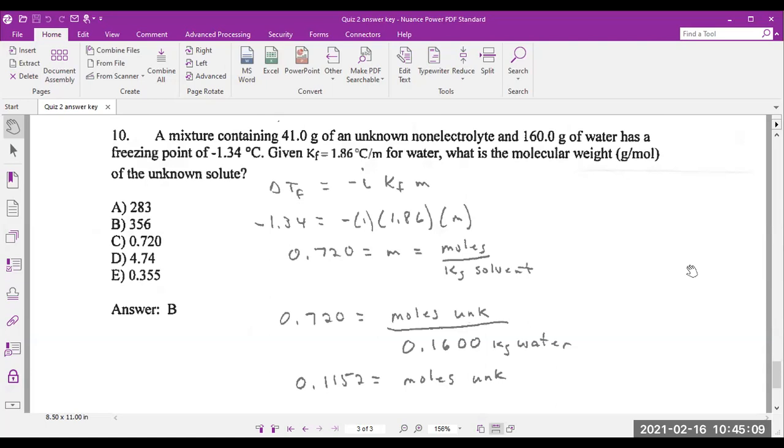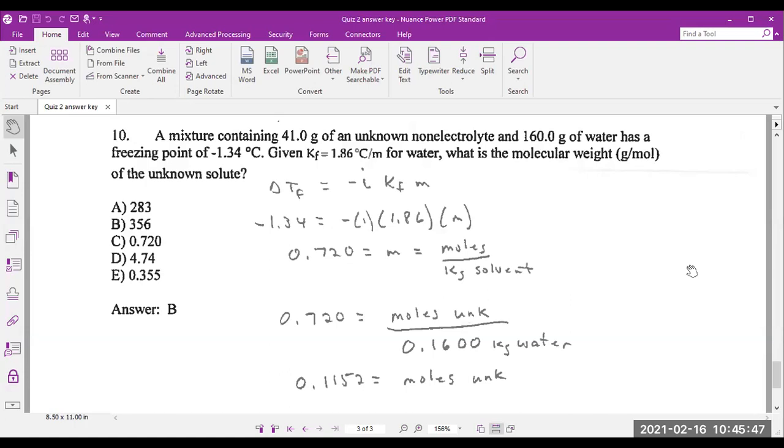For these types of problems, we have our formula: delta Tf equals minus i times Kf times small m. The small m is molality, which is moles per kilogram of solvent. We know that water freezes at 0 degrees C, so if the freezing point of this solution is minus 1.34, then delta Tf, from 0 to minus 1.34, is minus 1.34 degrees.